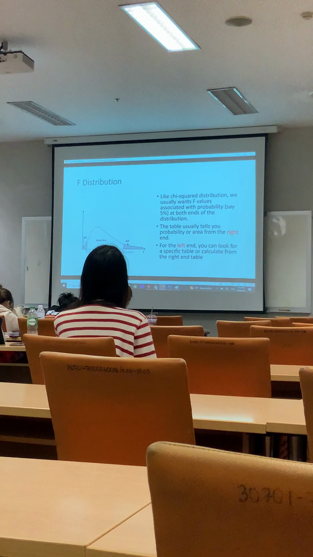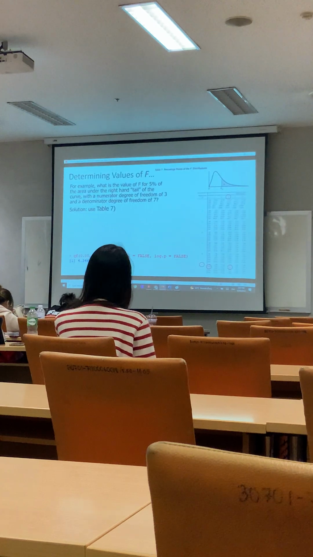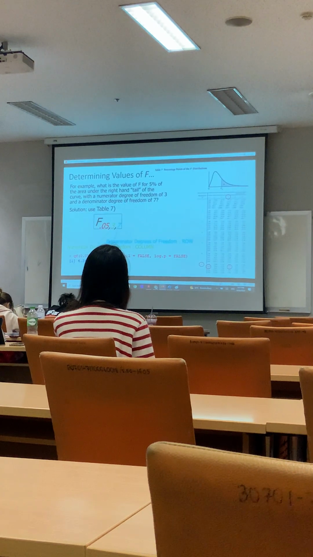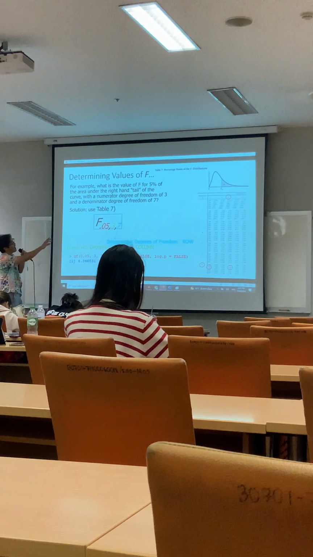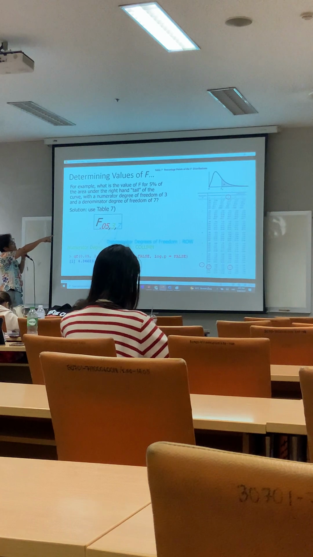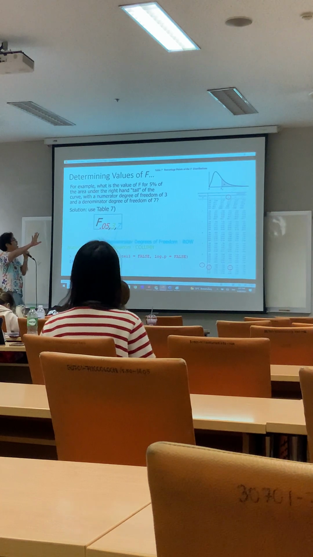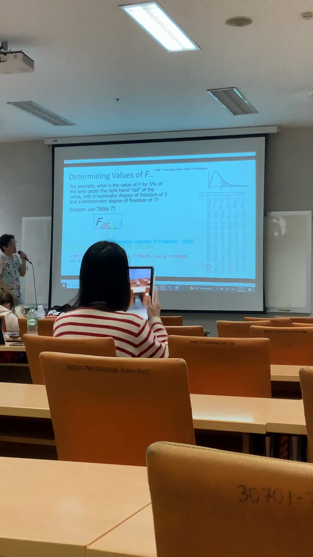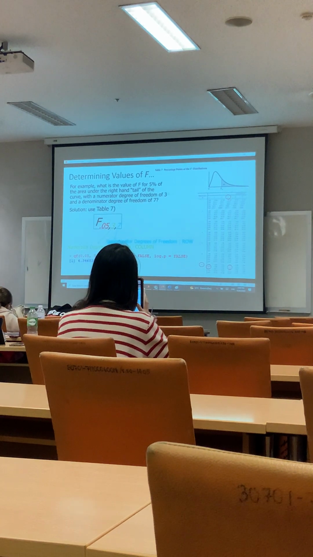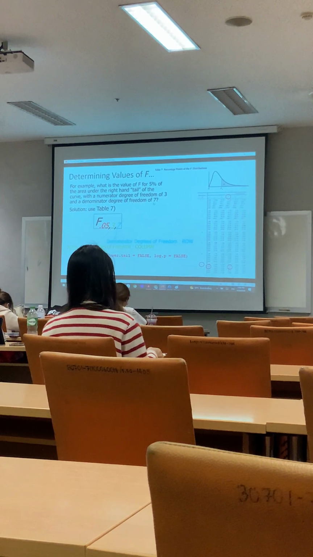Okay, let's see. Here, what is the value of F, of the F distribution, for 5% in the upper tail of the distribution, where the numerator degree of freedom is 3 and the denominator degree of freedom is 7?